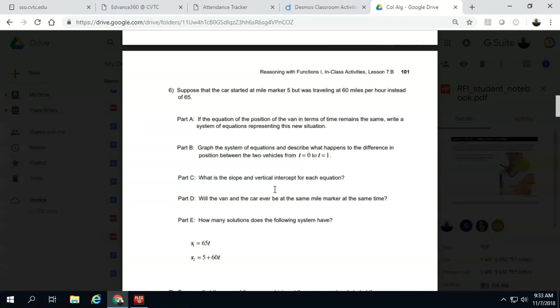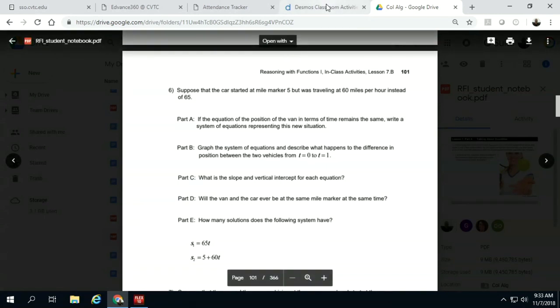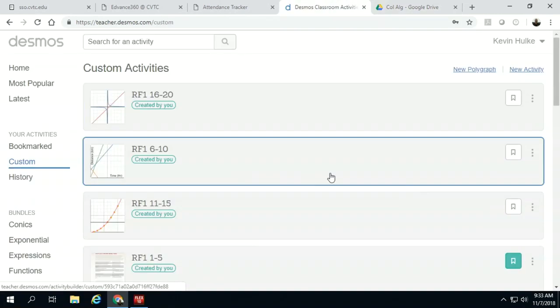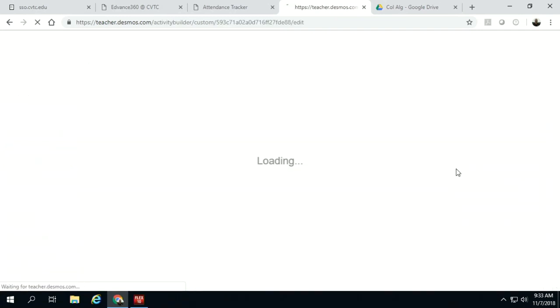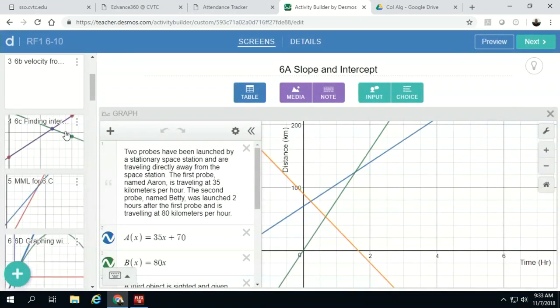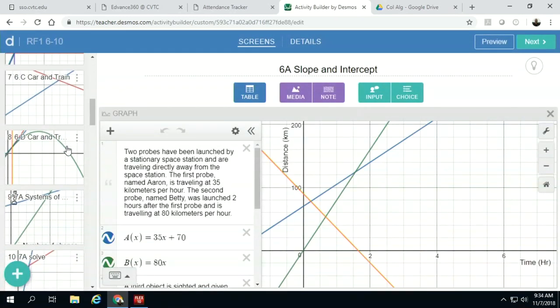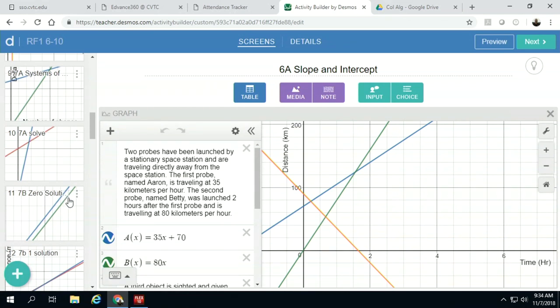Can you just graph on the calculator? Yes, you may. Calculate decimals.